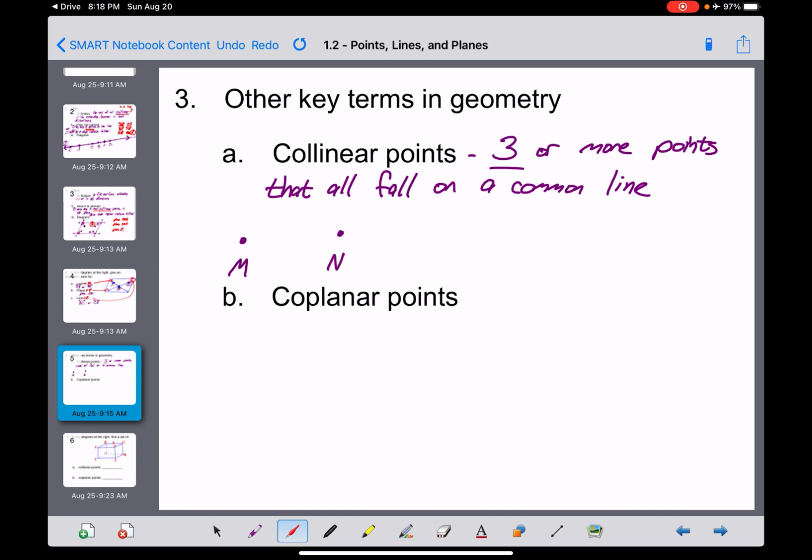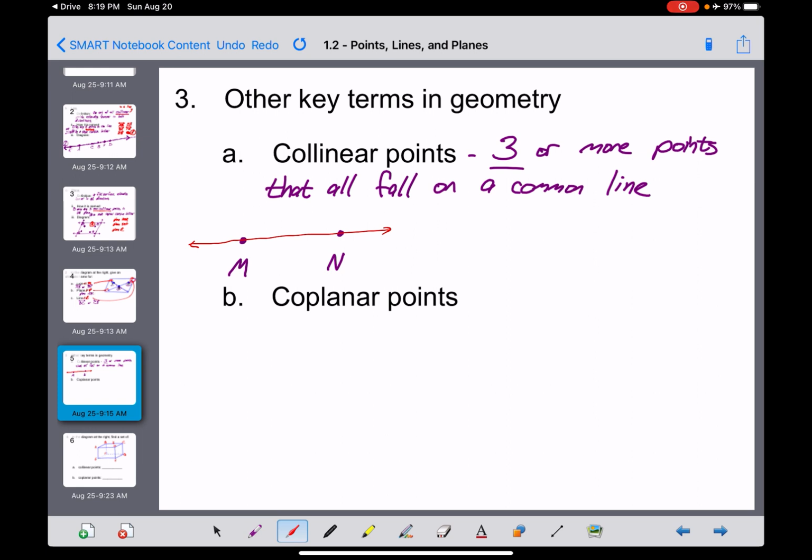And the answer to that, hope that doesn't feel like a trick question, is yes. You can draw a straight line that passes through M and N. That's Euclid's most basic postulate, which we talked about in 1.1. The thing about it is, though, guys, you'll never be able to answer that question with a no. Anytime they give you 2 points, you're always going to be able to draw a line between them.